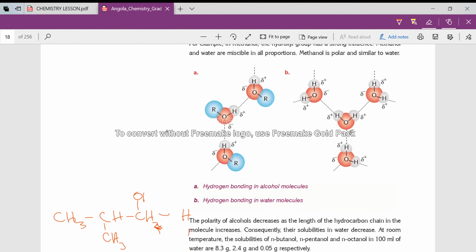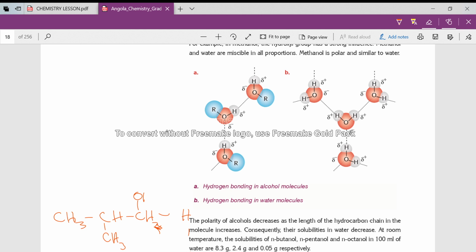Now, we have one example here. In the figure, we have hydrogen bonding in alcohol molecules, and in the other figure, hydrogen bonding in water molecules. Let's look at water molecules first. In water, the oxygen is bonded to two hydrogens. The first hydrogen with oxygen makes OH, which is the hydroxyl group we have in alcohol.